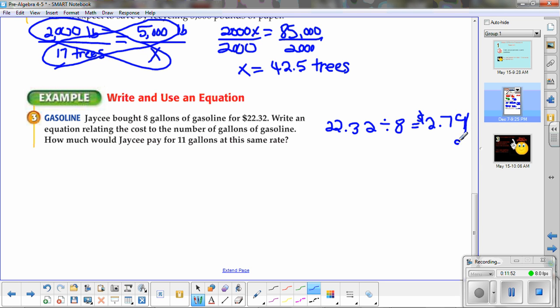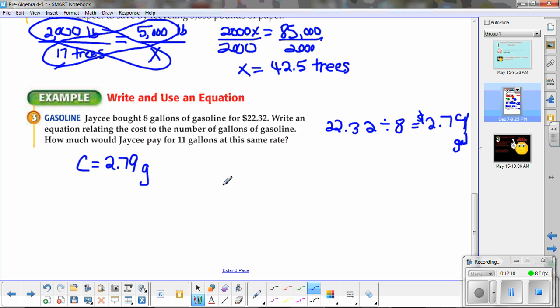That $2.79 is also called the constant of proportionality. It's $2.79 per gallon. So the cost is going to equal $2.79 times the number of gallons. So that's the equation we could use to figure out the price for any number of gallons.